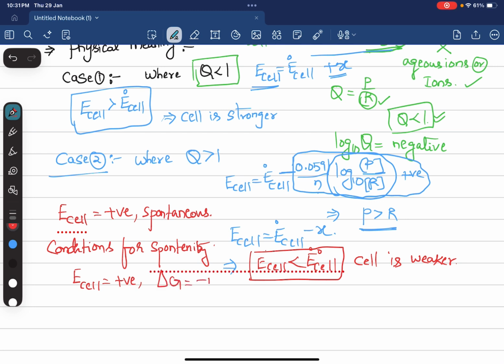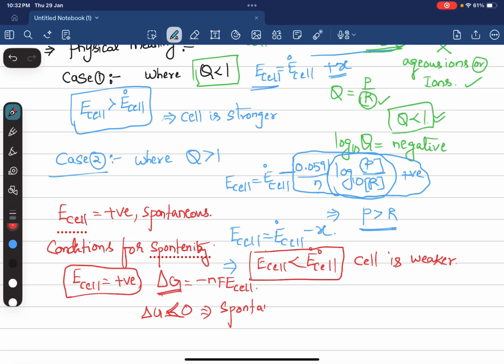Delta G equals minus nF E naught or E cell, because delta G we are taking. So more positive E cell, more negative delta G, isn't it? When delta G is more negative, the process is more spontaneous. If delta G is less than 0, the process is spontaneous. That's how we are explaining cell is weaker or cell is stronger.